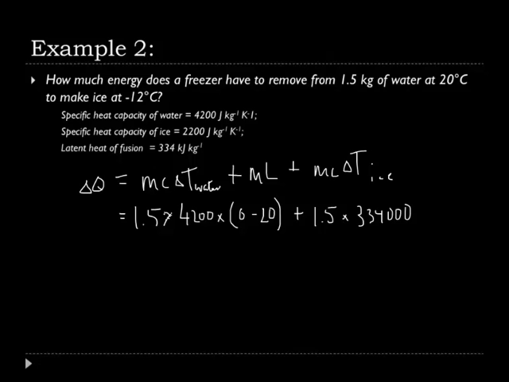And then we have to add to that the heat required to cool the ice, which is mc delta T of ice, which is 1.5 times C of ice. The specific heat capacity of ice is 2,200 times the change in temperature of the ice, which is the final minus the initial temperature, which is negative 12 minus 0.